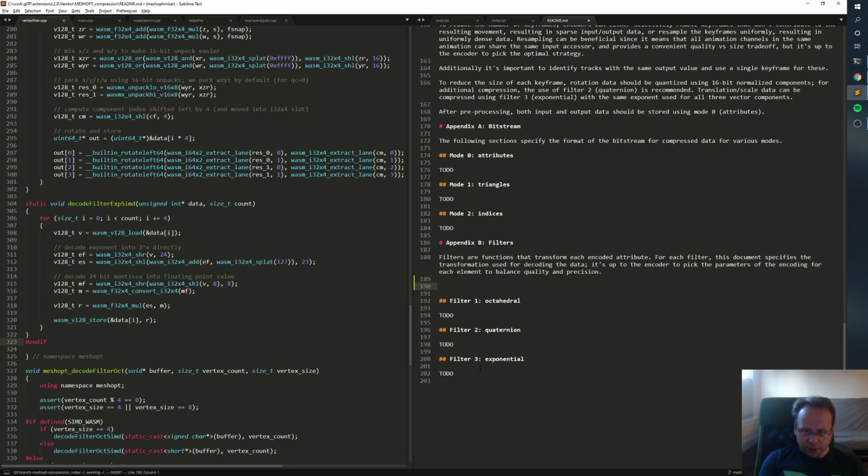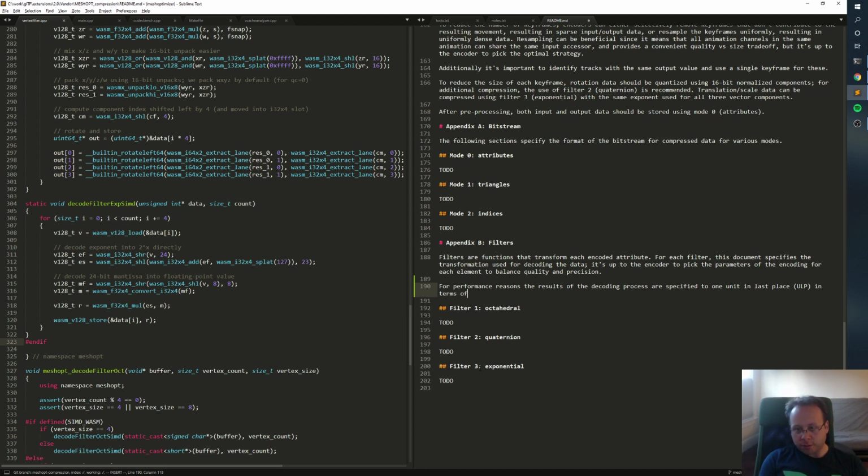I wanted to leave a note to the effect of: for performance reasons, the results of the decoding process are specified to within 1 unit in the last place relative to the decoded data.